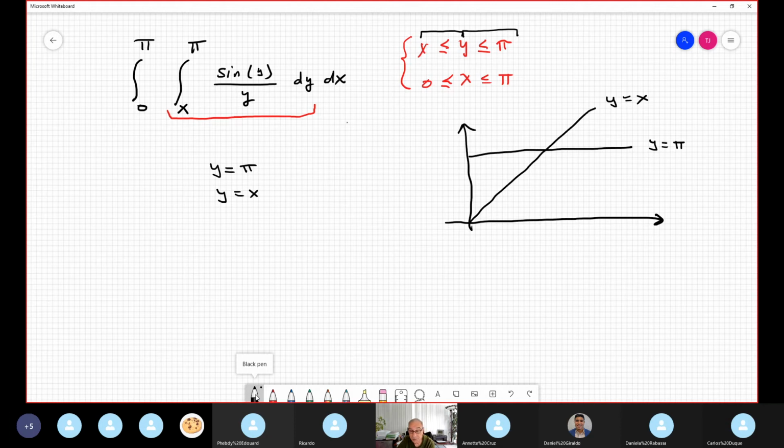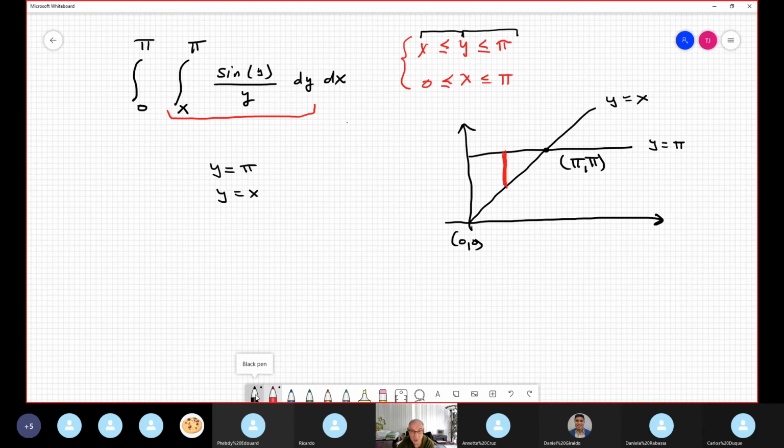Well, so I suppose this point is 0,0 and this point is the point pi,pi, because it's going to intersect in both. So now the student can set up this integral doing it in this direction.